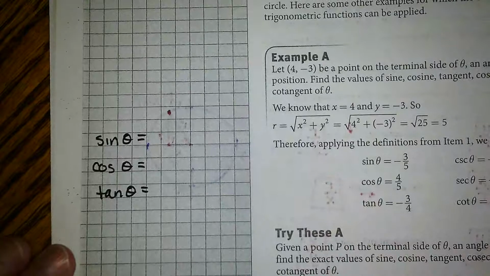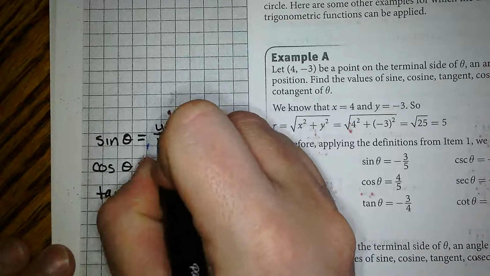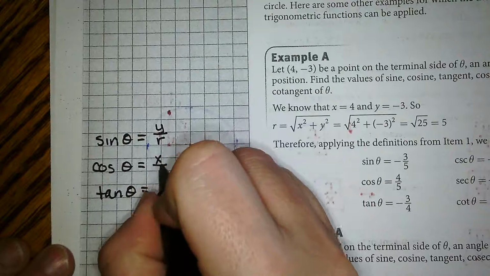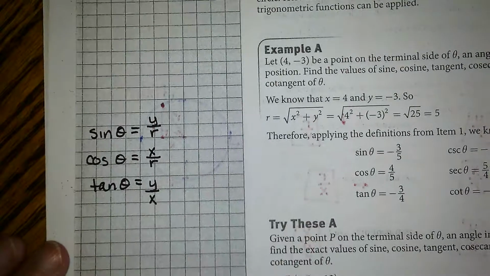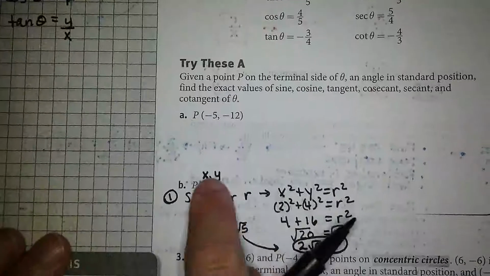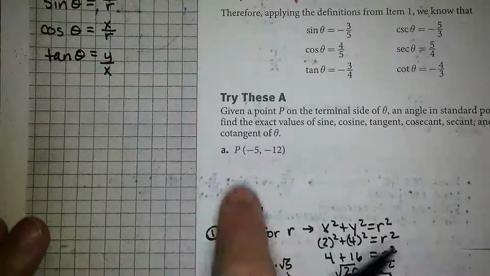And this is for part B, of course. So sine is y over r, cosine is x over r, and tangent is y over x. So all I have to do is plug in my x, my y, and my r values here, and then rationalize them if I need to.